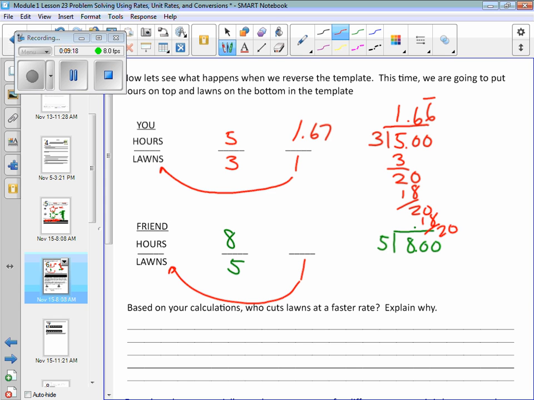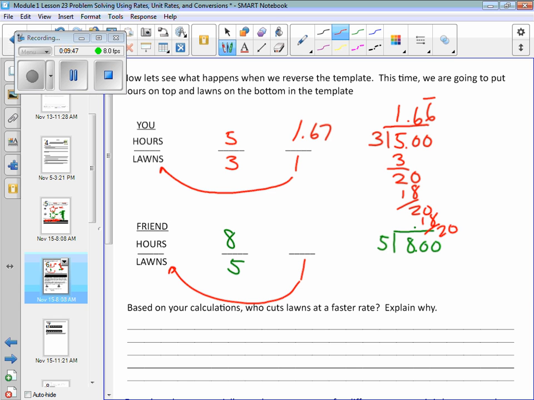Keep that in your mind, because if your friend can mow the same one lawn in less time, then they are at a higher rate. I rounded it to the nearest hundredth. Otherwise, because it's 1.6 repeating, I just wanted to keep it a rounded number so we can comprehend it a little better.